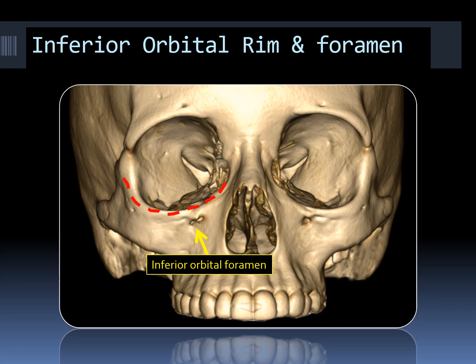These nerves provide sensory innervation to the skin and the mucous membranes around the middle of the face. This is mostly affected and likely to be damaged when there is a midfacial fracture or a tripod fracture, which will be discussed later.